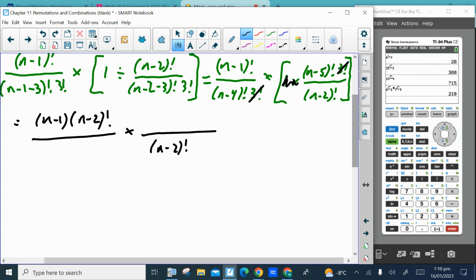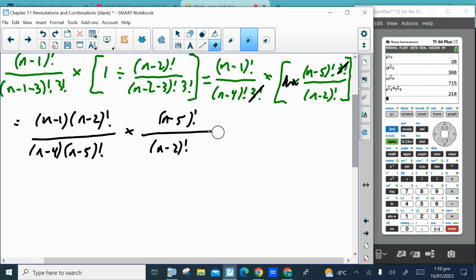On the bottom left, I've got an (n minus 4) factorial, which I'm going to expand because the next term is n minus 5. And I'll put a factorial on the end of that because we've got an (n minus 5) factorial on the top right. So now, the (n minus 2) factorials cancel, the (n minus 5) factorials cancel. And we are left with (n minus 1) over (n minus 4). That's it.